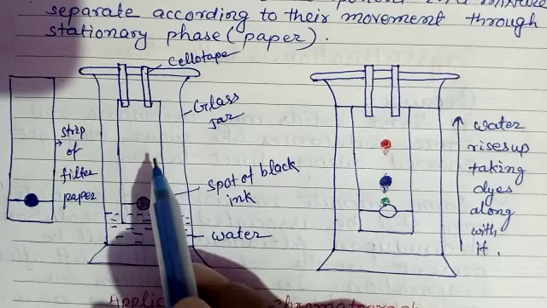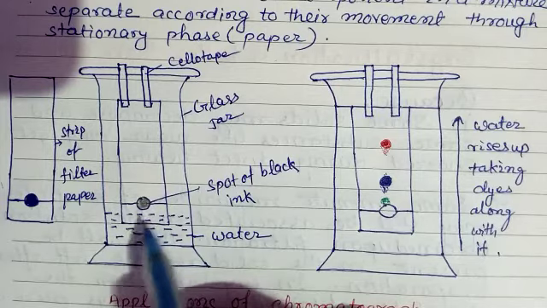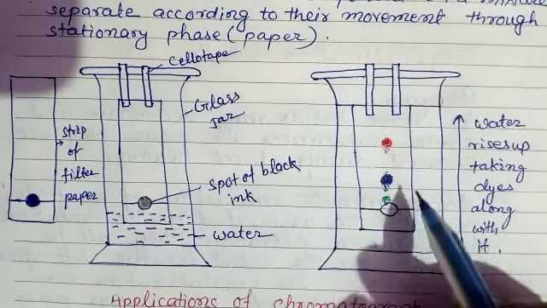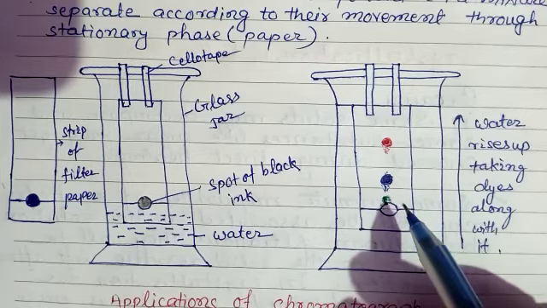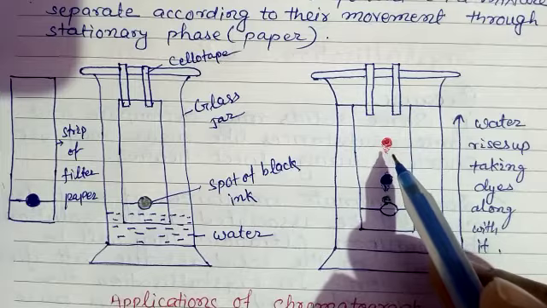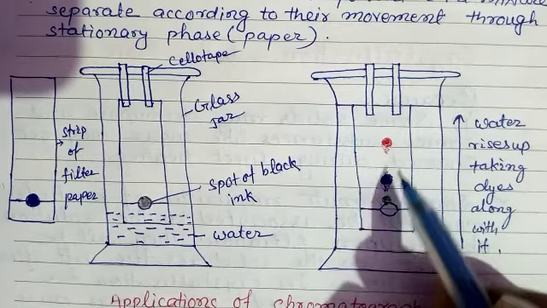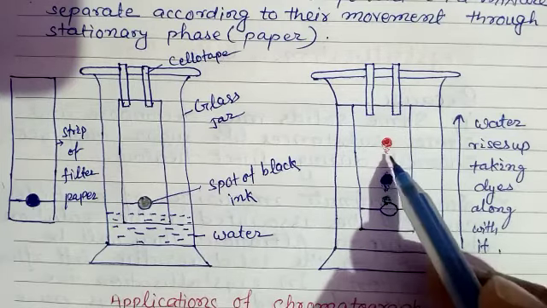As water moves up the paper strip, it takes along the dyes present in the ink, and the dye which is more soluble in water dissolves first and rises faster, and produces a color spot on the paper at a higher position.